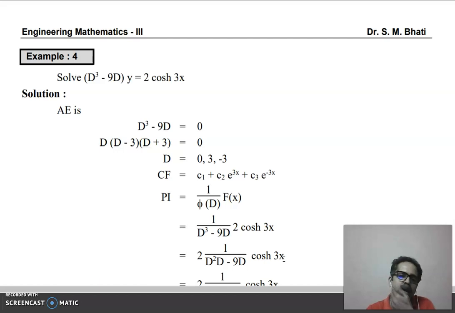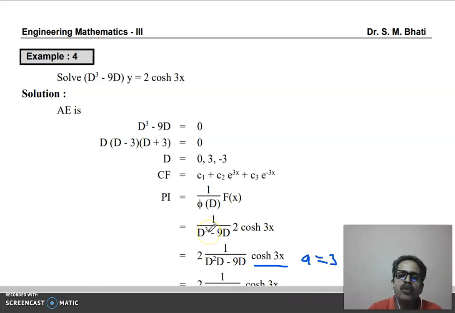You can see that this cosh 3x is a hyperbolic function, and it has the type cosh(ax plus b), and here a became 3. If a is 3, then a square became 9, right?